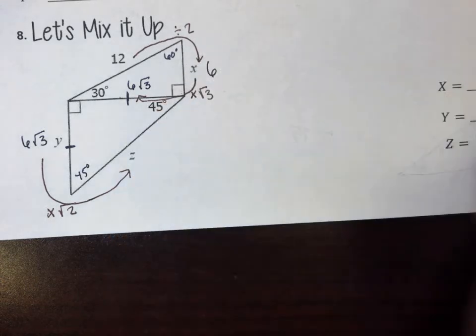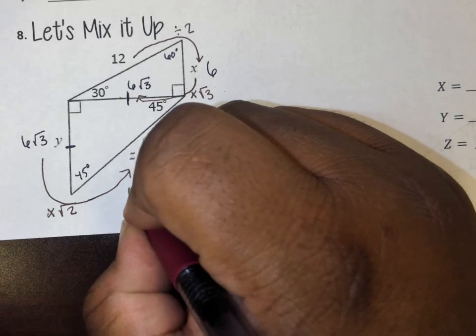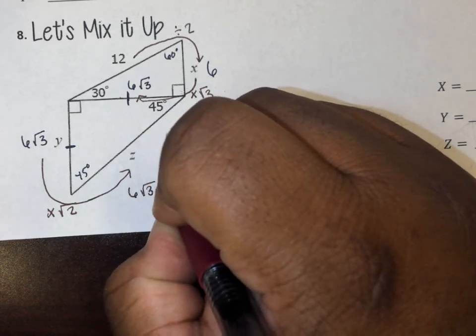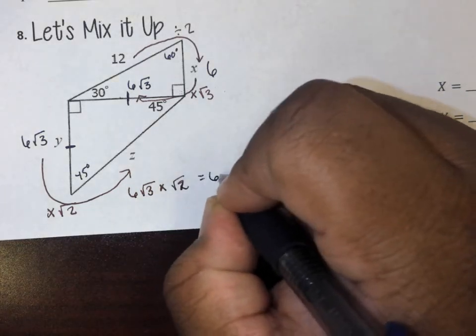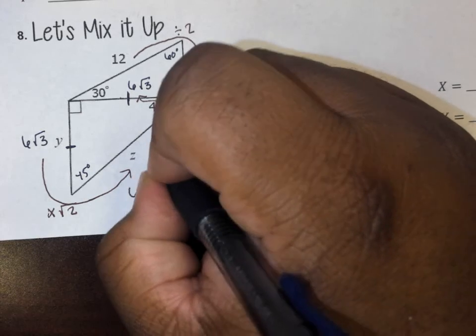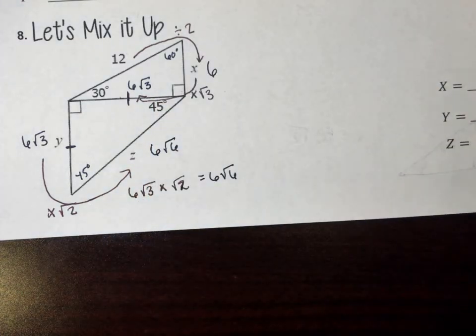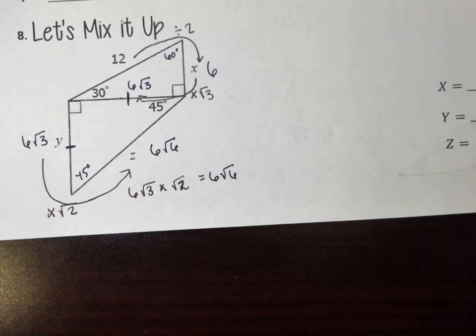So I can write it out: 6 square root of 3 times square root of 2. Like Imani said, if you do that, it's going to give you 6 square root 6. So my z is 6 square root 6. So x was 6, y was 6 square root 3, z was 6 square root 6.